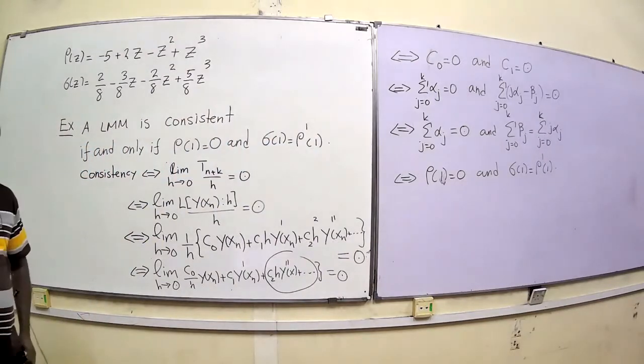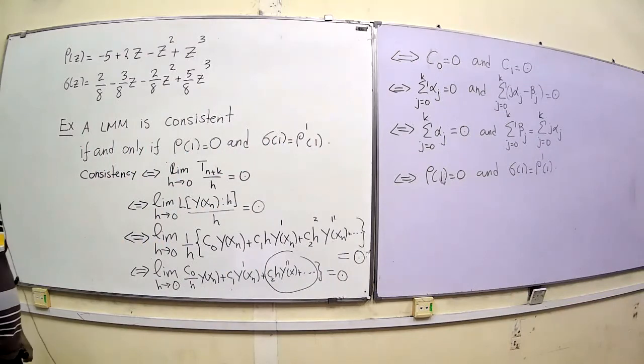Okay, so if you have a linear multi-step method where the first characteristic polynomial evaluated at 1 is 0, and the second characteristic polynomial evaluated at 1 is equal to the derivative of the first characteristic polynomial evaluated at 1, then we can say that the method is consistent.